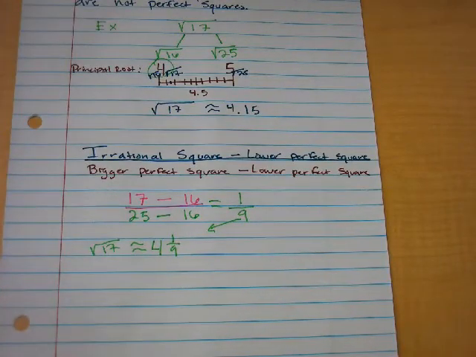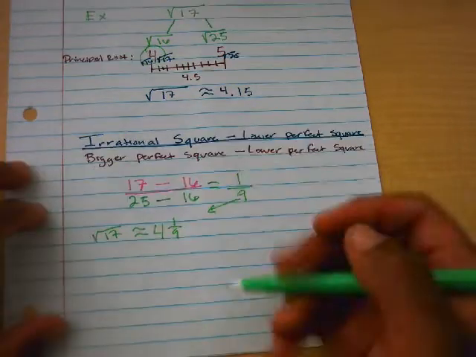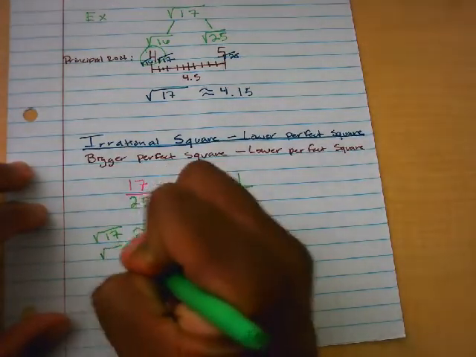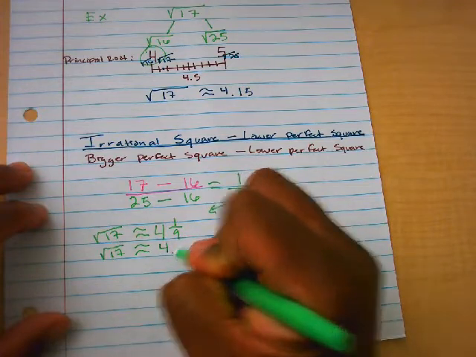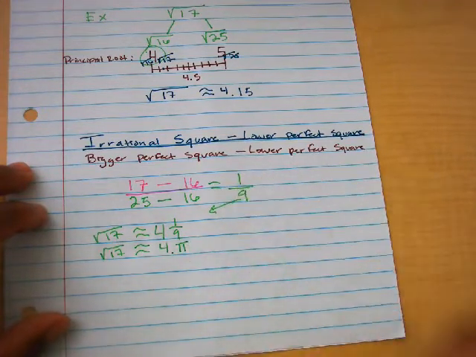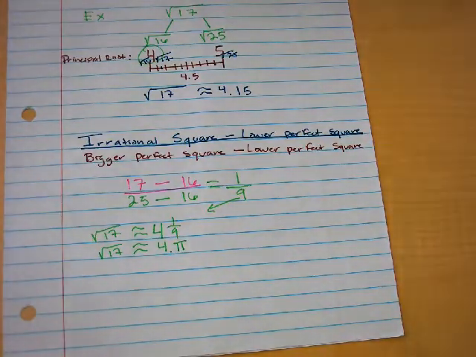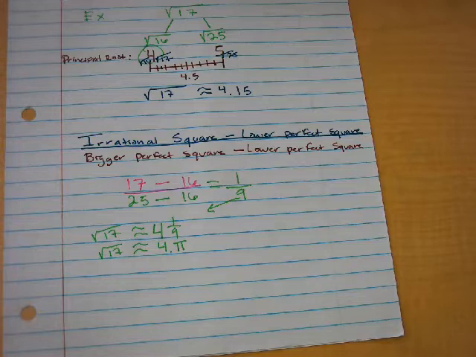And so if you were to put 1/9 into the calculator, you would get 0.11 repeating. So the square root of 17 is approximately 4.11 repeating. So again, 1/9 in the calculator is 0.11 repeating.